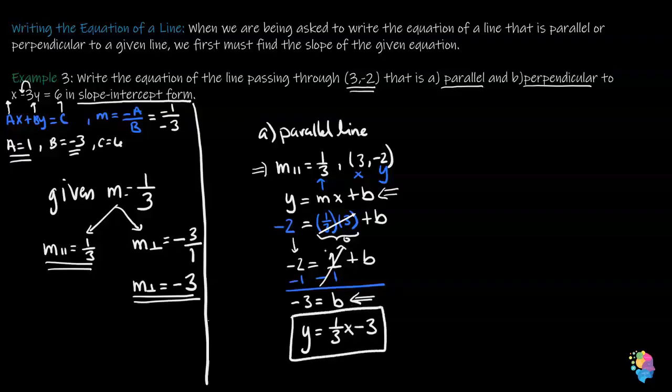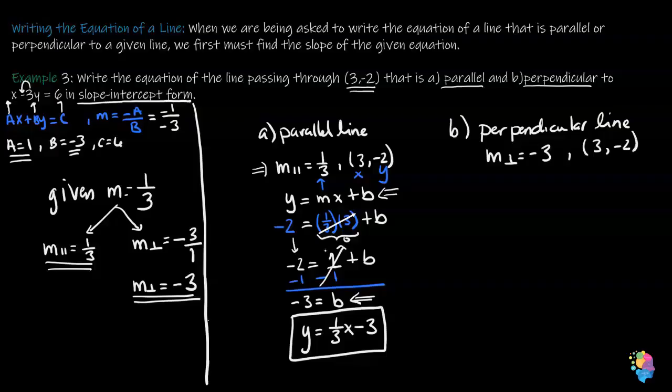Let's try it again, but now let's do it for the perpendicular line. We know that the slope of the perpendicular line was -3, and the point continues to be 3, -2. They want the equation in slope-intercept form, so then we start replacing. Y has a value of -2.